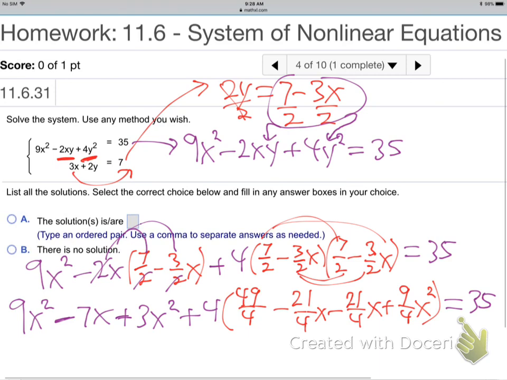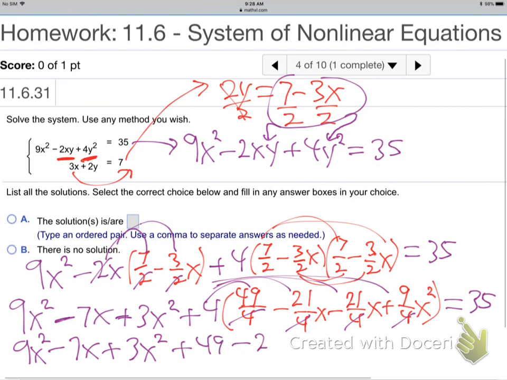All right, so do you see what's going to happen with this 4 in the front now? This 4 is going to multiply through, boom, boom, boom, boom. And when it does, cancel, cancel, cancel, cancel. No more fractions. See why this road's easier? So then we'll have 9x squared minus 7x plus 3x squared plus 49 minus 21x minus 21x plus 9x squared equals 35.